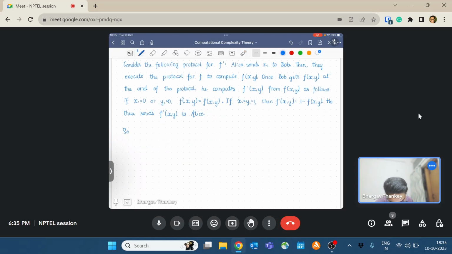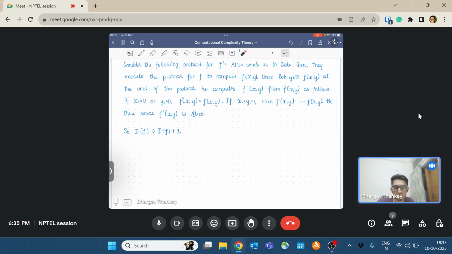So D prime T of f prime is less than or equal to T f plus 2. Less than or equal to because we just demonstrated one protocol for f prime, right?